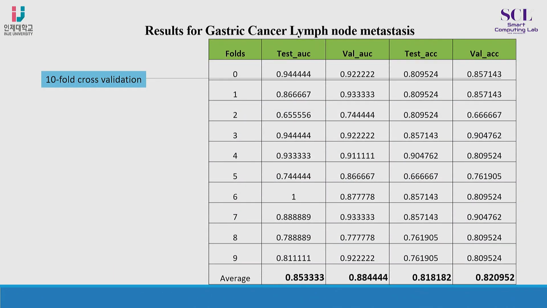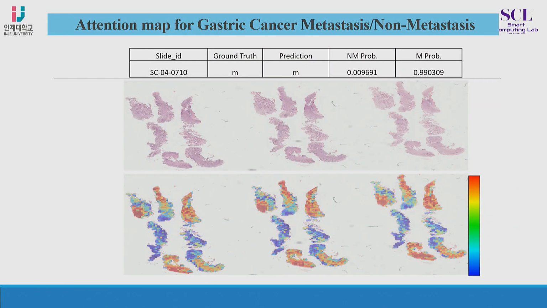This is the 10-fold cross validation, and here you can see this is the actual whole slide image, and this is the prediction from our model. The red areas are the metastasis part, and the blue area having low attention score is maybe normal or another kind of tissue.